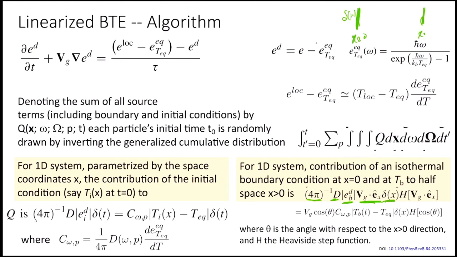If it's at the right boundary, x equal to L, we could write it as delta of L. And then some Heaviside function. So if you take a dot product, it becomes Vg cos theta, C of omega like previously, Tb minus T equilibrium, delta of x. Again, you could put it in this expression and you could get the expression for the flux. So that's how we get the contribution to the source term from, let's say, initial conditions or the boundary conditions.